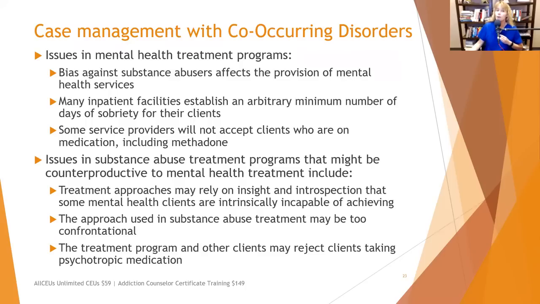So it's important to understand that there are programs out there like Dual Recovery and Double Trouble, both 12-step based programs that accept clients that have concurrent mental health issues. But some of the traditional NA and some of the other self-help groups may discourage or even outright criticize people who take psychotropic medication. So it is important to make sure that people are aware.